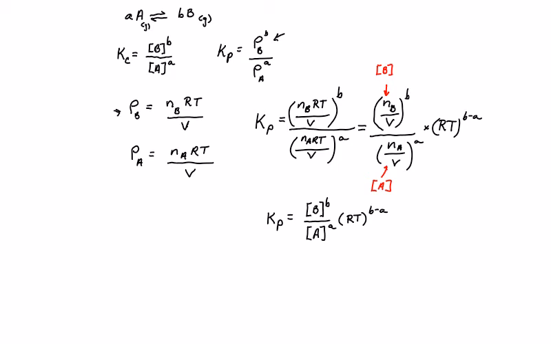If we sneak a peek back up here when we talked about Kc, we see that this is the expression that describes Kc, which looks a whole lot like this right here.